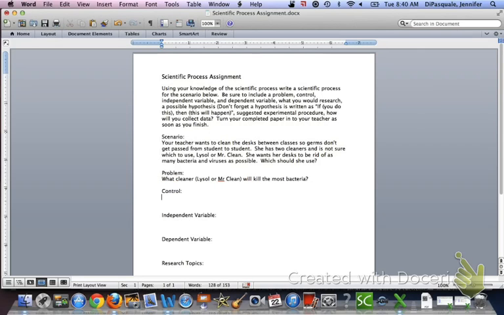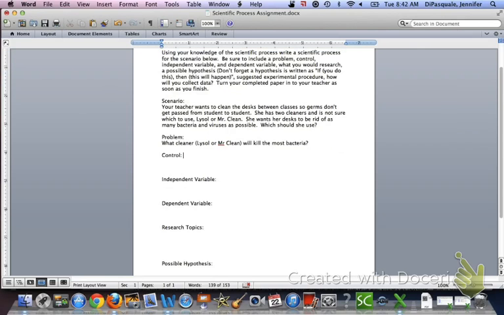Now, our control in this situation, we need to think about what we are going to do. So the research that we're going to do, we'll skip down to that real quick. And we're going to see that here we're going to research Lysol, we're going to research Mr. Clean, we're going to research bacteria, how it grows, where it grows, how to measure amounts of bacteria on a surface.